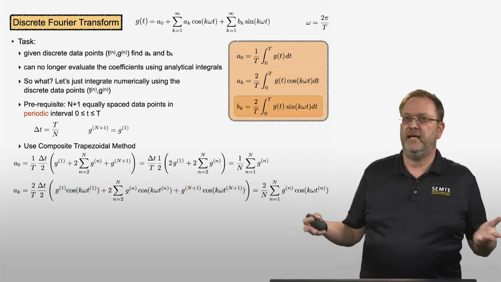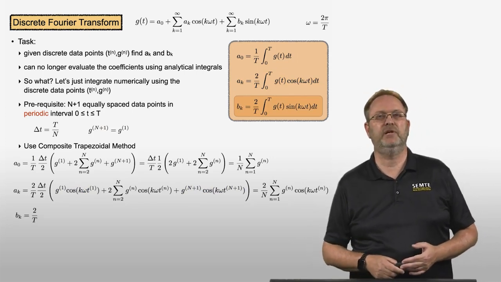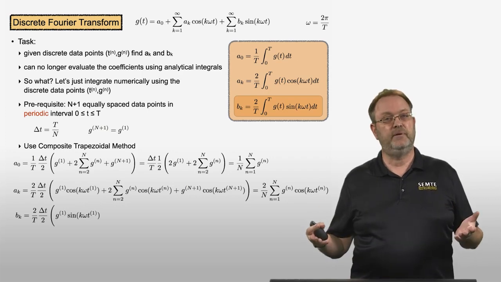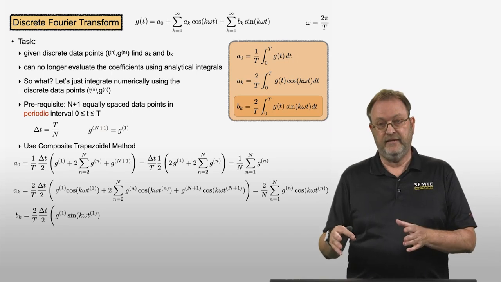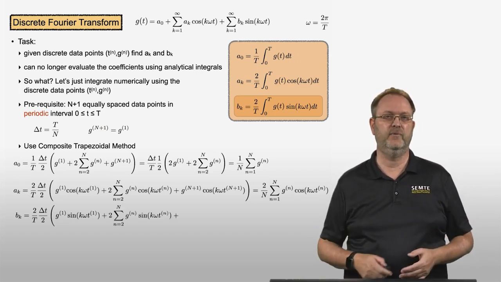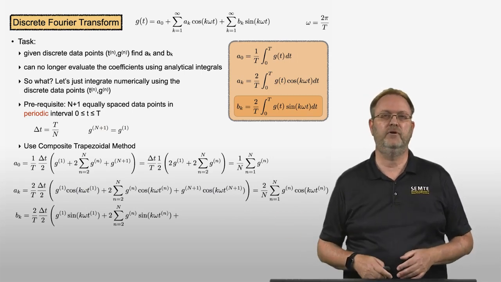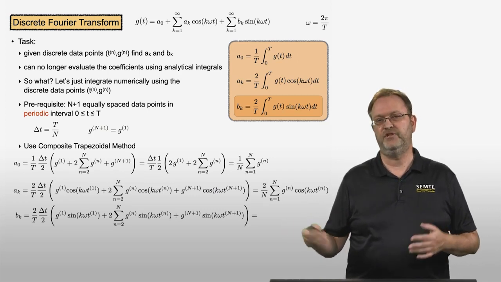And then finally, the amplitudes of the sine waves, b sub k, using the trapezoidal method. So it's 2 divided by T times interval size delta t over 2 times the integrand evaluated at the first point, so g1 times sine of k omega t1, plus 2 times the integrand evaluated at all the intermediate points, plus the integrand evaluated at the very last point, gn plus 1.